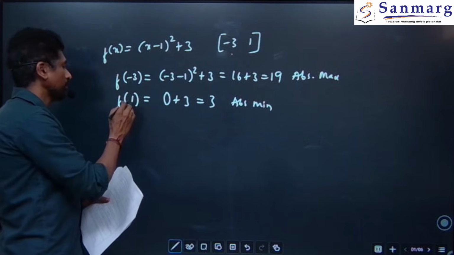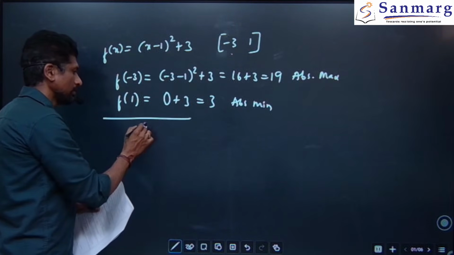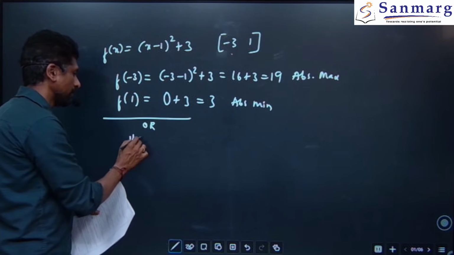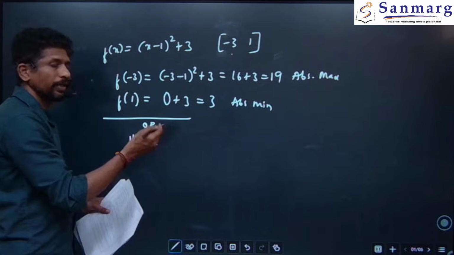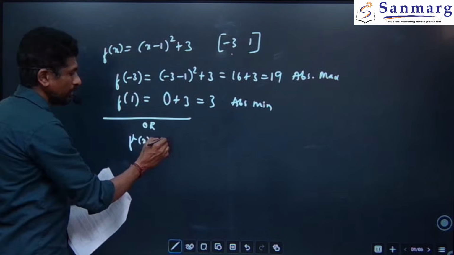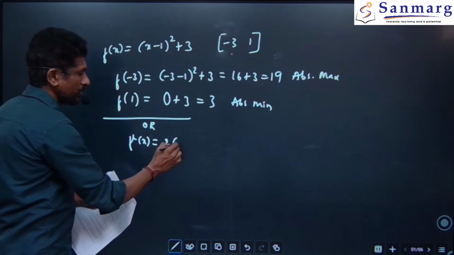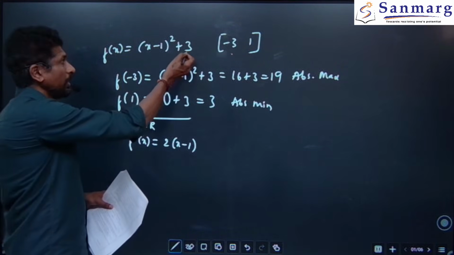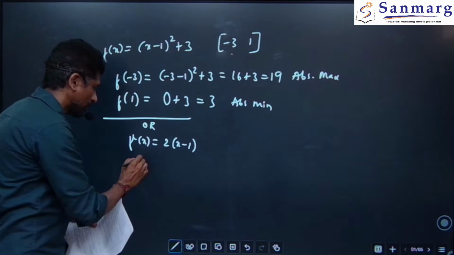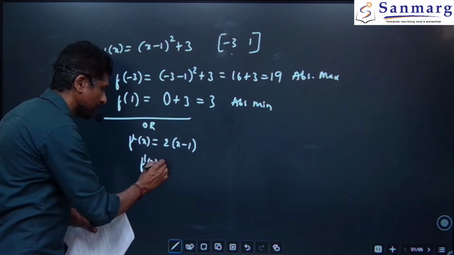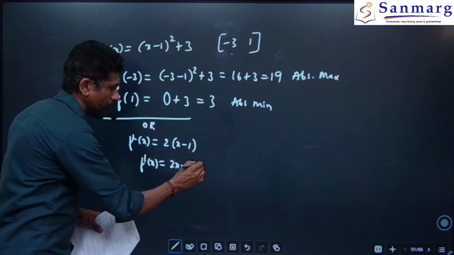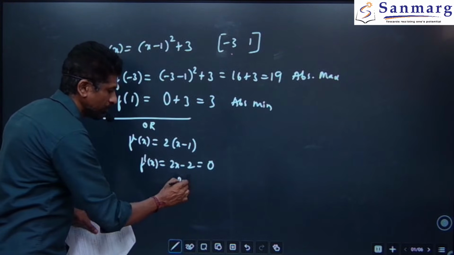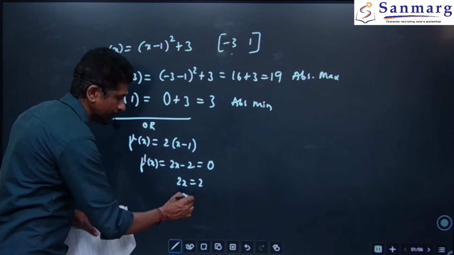Another way is by differentiating the function, you will get the critical point. So here the square function is there. If you differentiate it, it comes 2 into bracket of x minus 1, and the differentiation of 3 is 0. So f dash of x becomes 2x minus 2. If you equate to 0, x becomes 1.